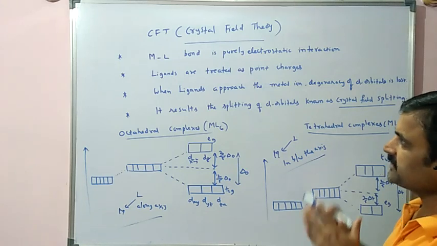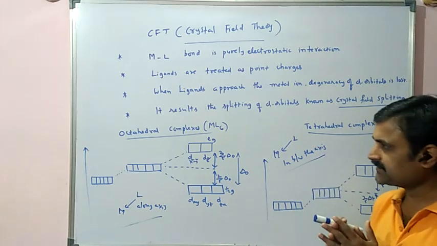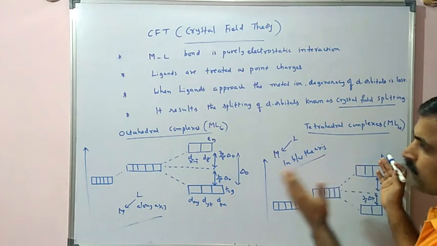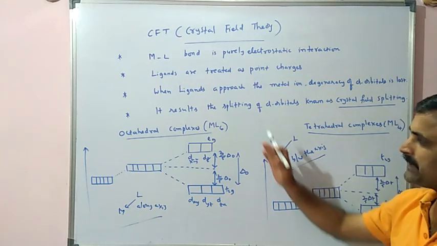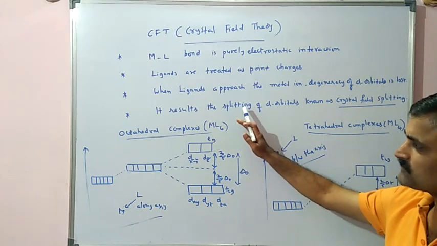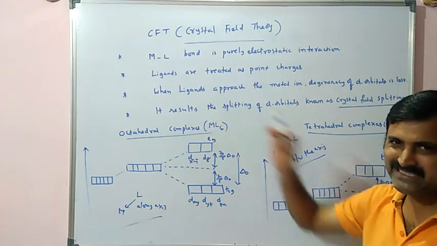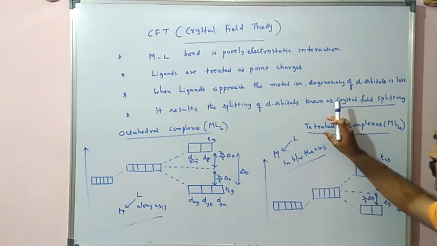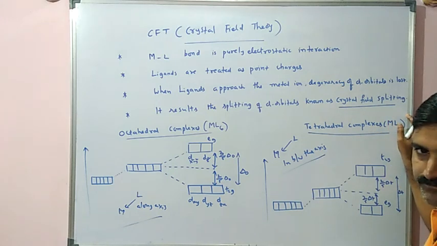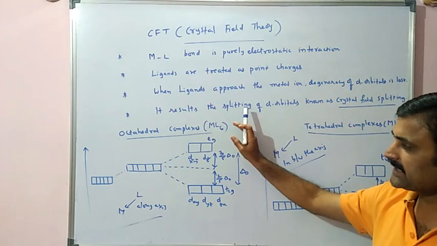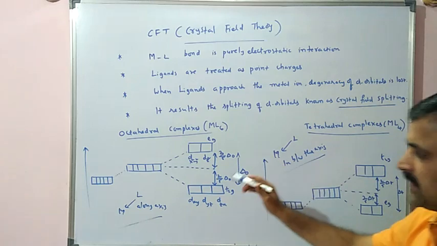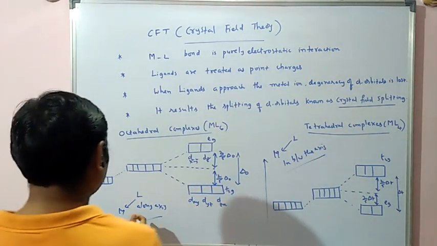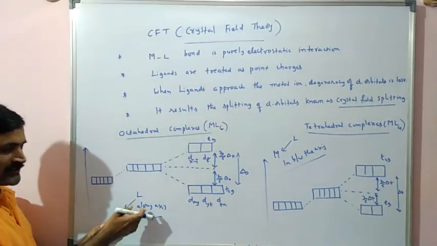So, this is exclusively studied in two types of complexes. The one type of complex is called octahedral complex study. The other type is called tetrahedral complex study. In the octahedral complex study, the ligands are said to be approaching the metal along the axis.